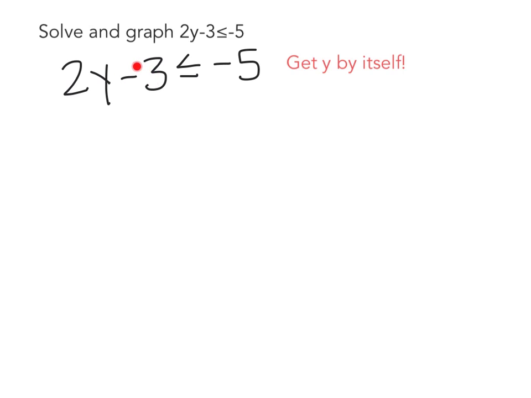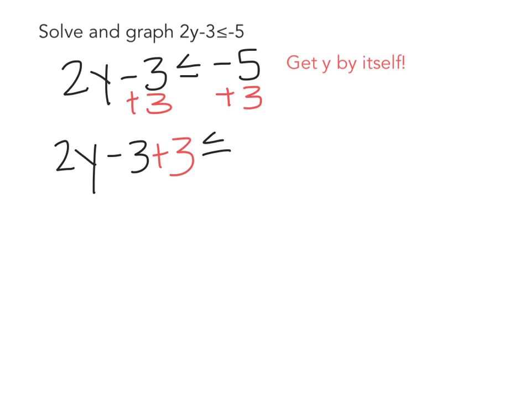So if our operation here is minus, we know that the opposite operation is plus. So we're going to add 3 to both sides. Now we have 2y minus 3 plus 3 is less than or equal to negative 5 plus 3.